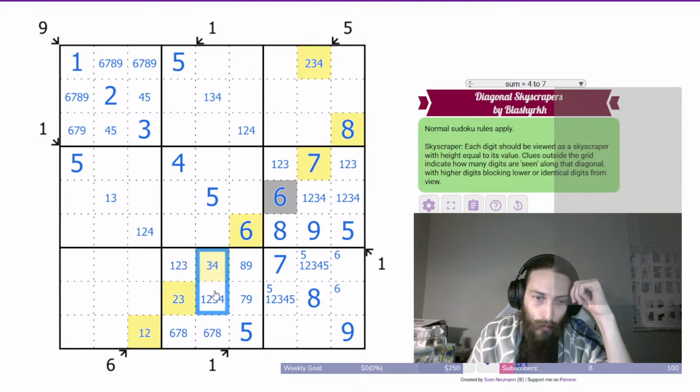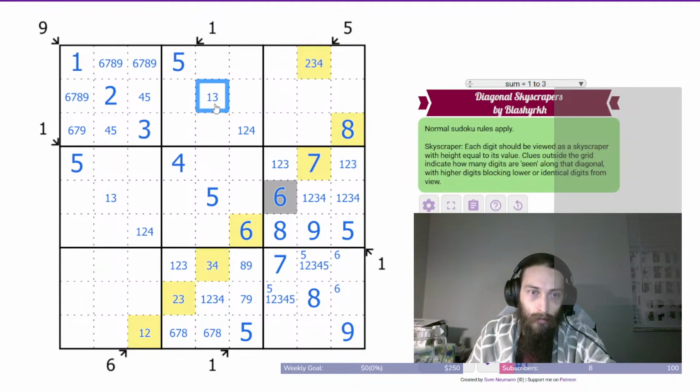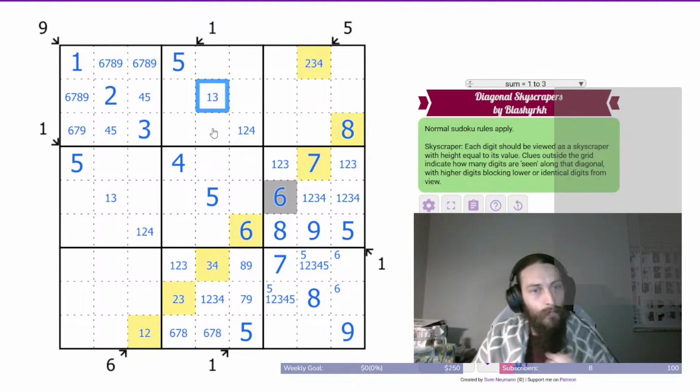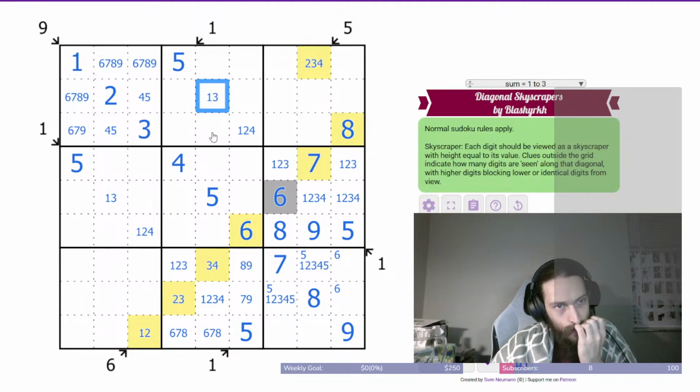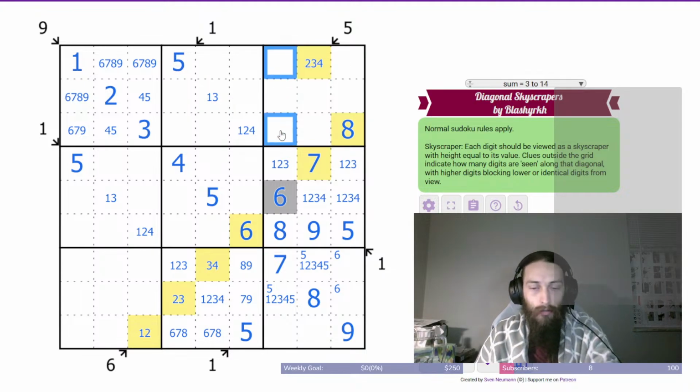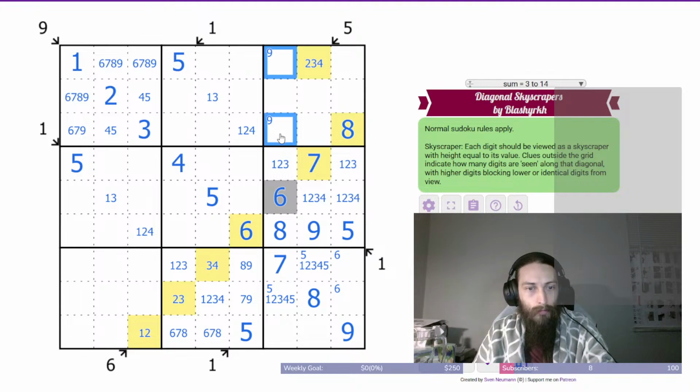And in these, 4 must be one of these two, so this isn't a 4. Well, that clearly can't be a 9, so 9 has to be one of these two.